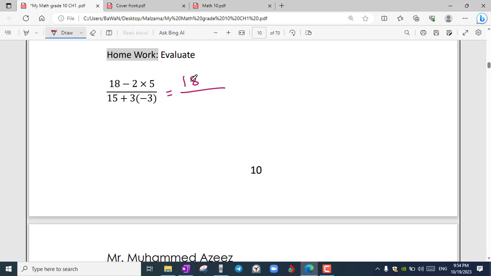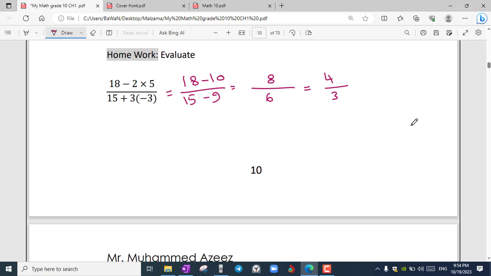So I have 18 minus 10 over 3 times negative 3 is negative 9. 15 minus 9. Then 18 minus 10 is equal to 8. 15 minus 9 is equal to 6. Then 8 over 6 could be simplified to divide to 4, divide to 3.